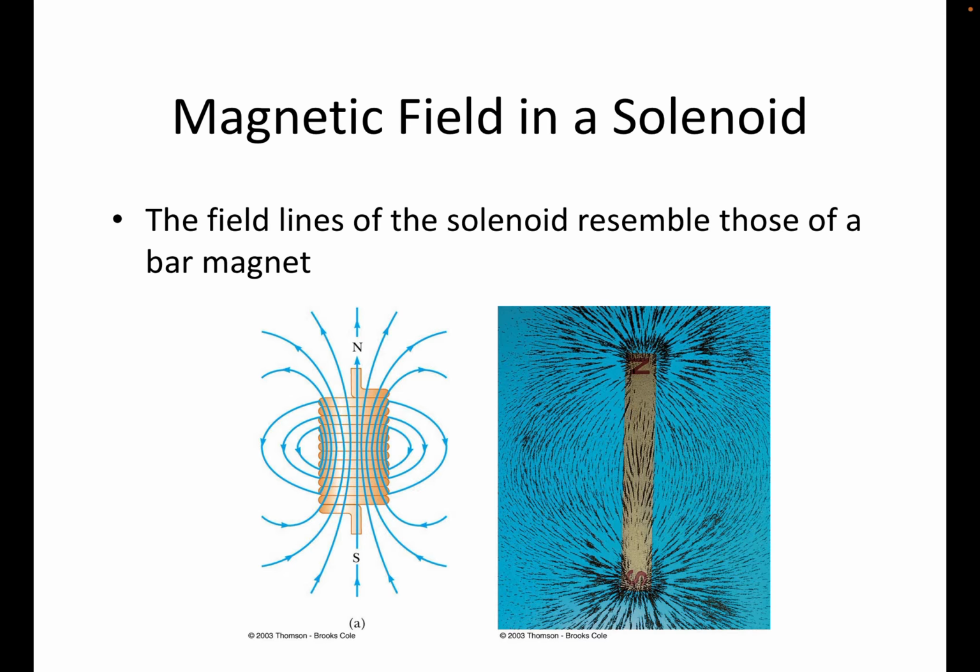As you can see by comparing those two images, the magnetic field outside a solenoid is nearly identical to the field of a bar magnet. The end where the field lines emerge acts as a north pole, and the end where they enter acts as a south pole.